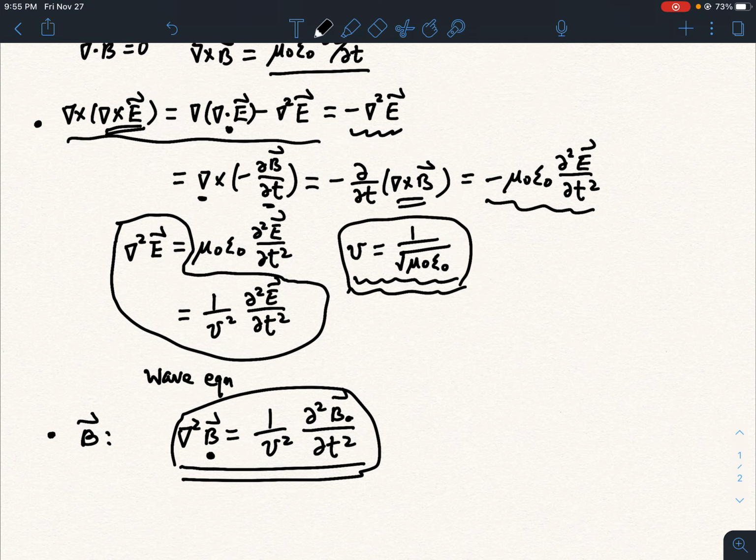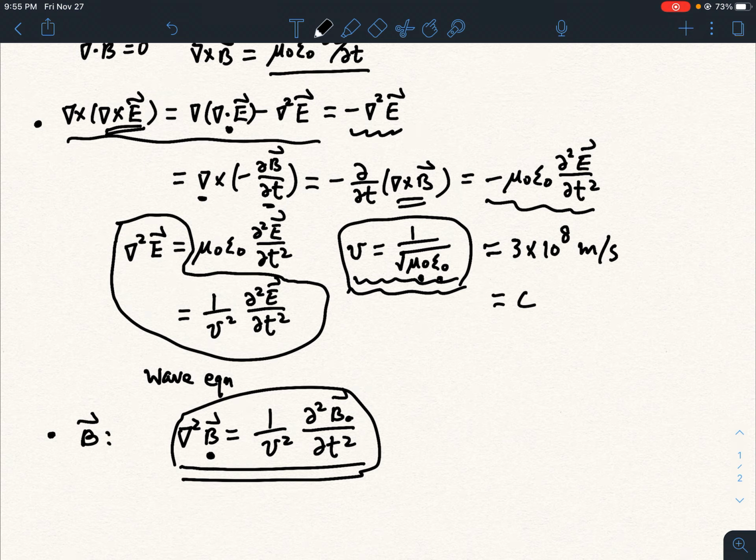If you plug in the values of mu 0 and epsilon 0, you find that this equals 3 times 10 to the 8 meters per second, which is the speed of light.